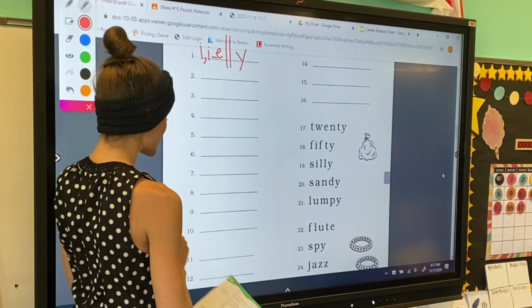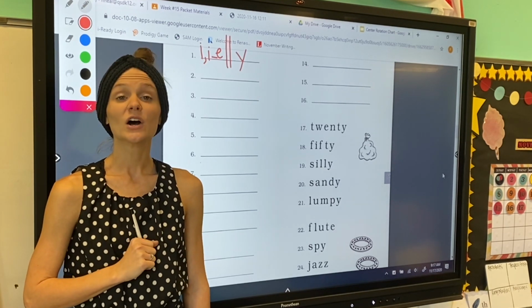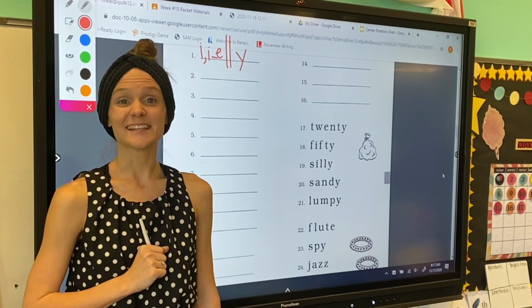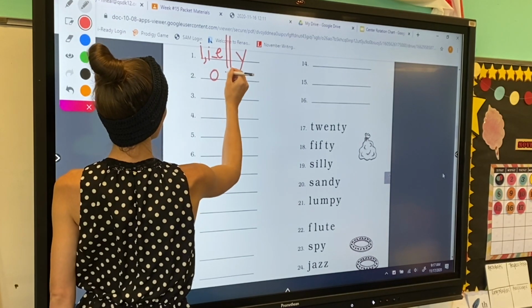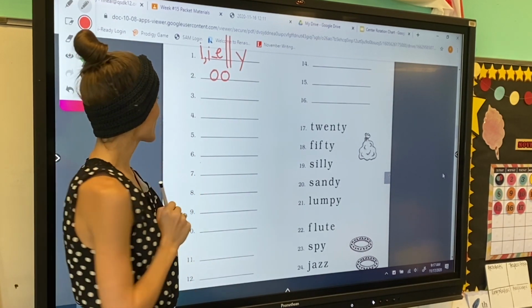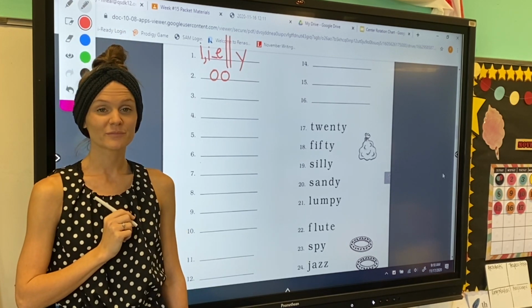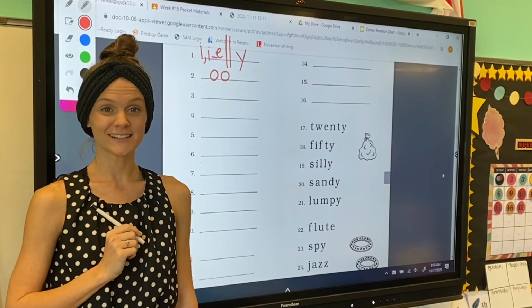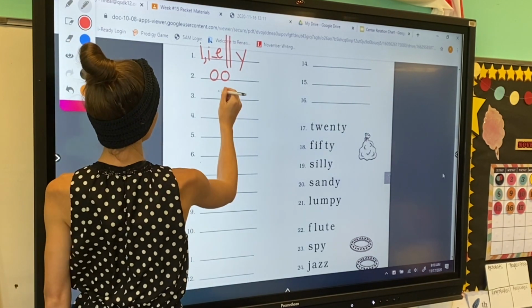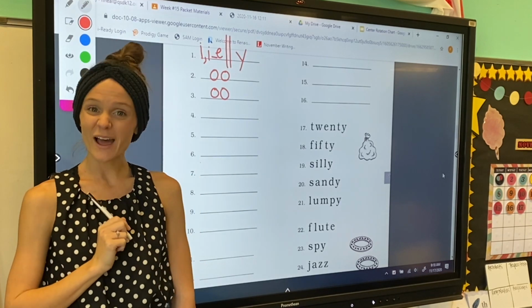Excellent. For number 2, my letter sound is The digraph O makes the sound. For number 3, my letter sound is oo. Ooh. Again, the digraph O can make the oo sound as well.